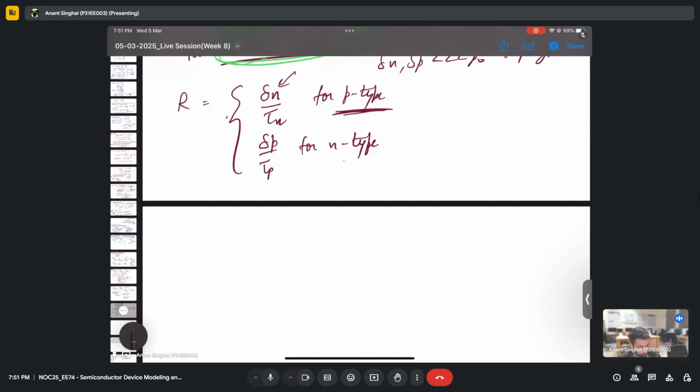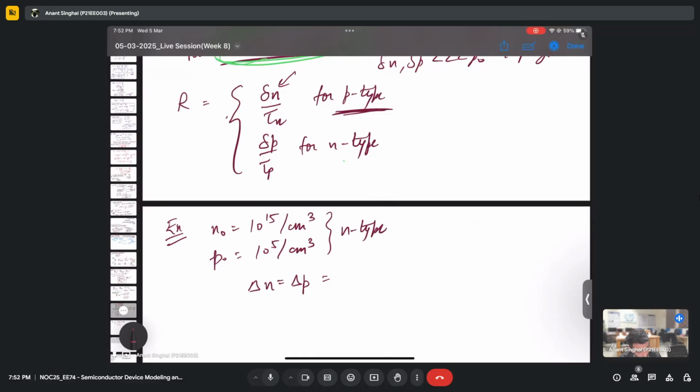Let me take an example if it is getting confusing. Let's say n naught is 10 raised to power 15, and p naught is, let's say, 10 raised to power 5. So which type of semiconductor is this? N type. Now delta n is equal to delta p.